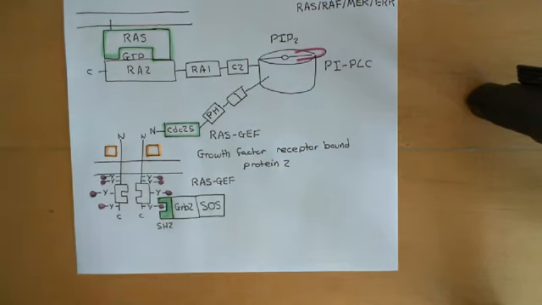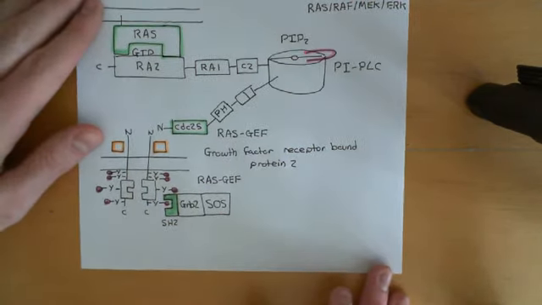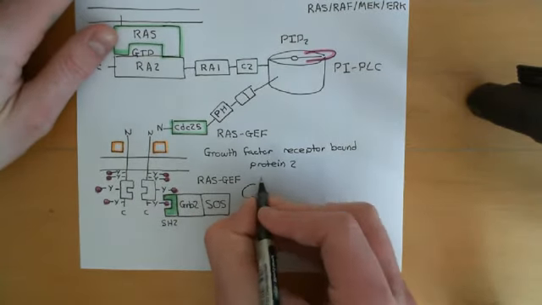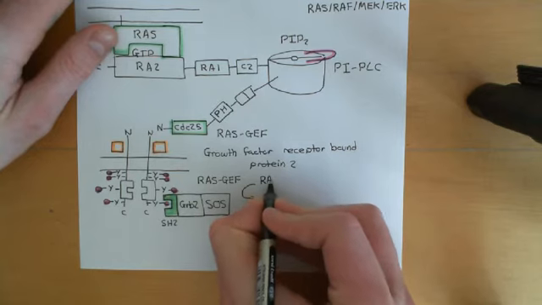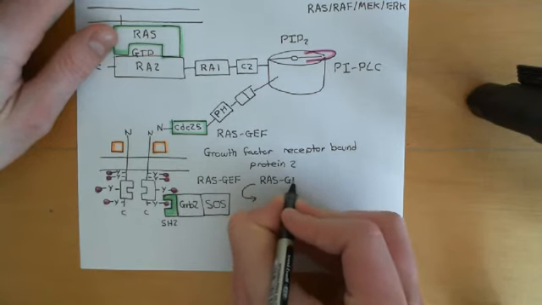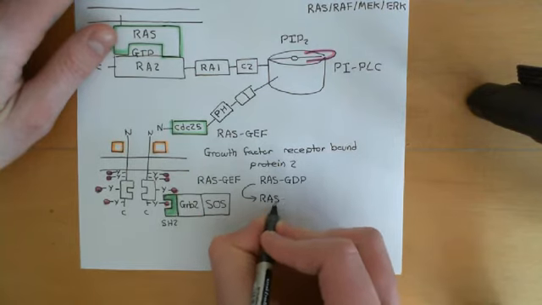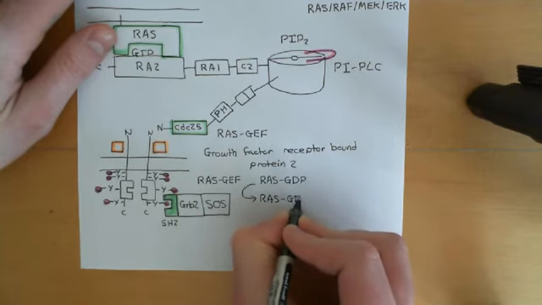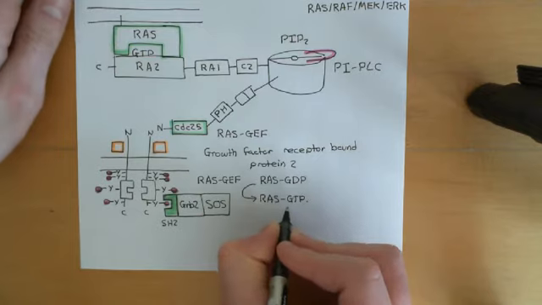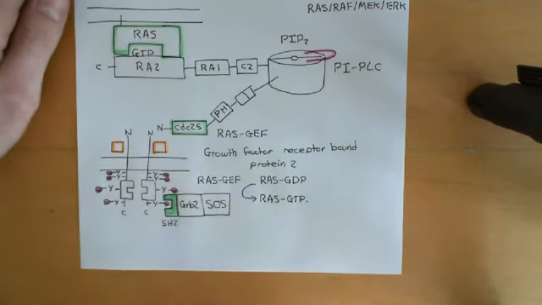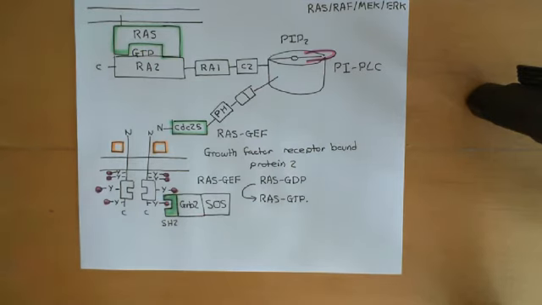And understand, before you've ever stimulated anything, the RAS monomeric G protein should be in the off state. So SOS is now capable of activating RAS monomeric G proteins, turning RAS-GDP, the off-state RAS monomeric G protein, into RAS-GTP. This is one of the ways that you can activate RAS monomeric G proteins via receptor tyrosine kinases, and then the RAS-GTP can go off and signal through the RAS-RAF-MEK pathway.